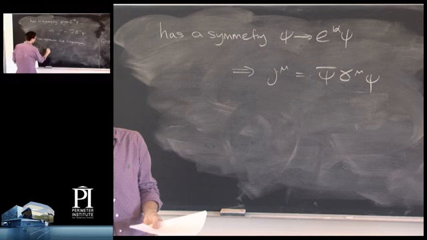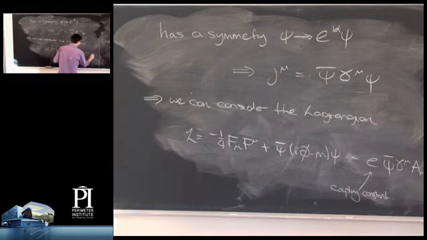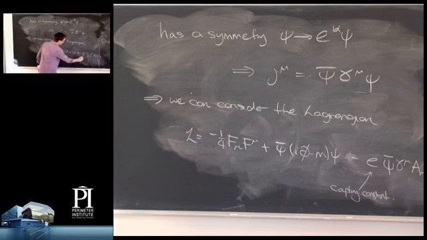So we can consider the full Lagrangian that consists of a Maxwell term plus a Dirac term, together with a term which multiplies this current by the gauge field, and this e is a coupling constant. It's some number.